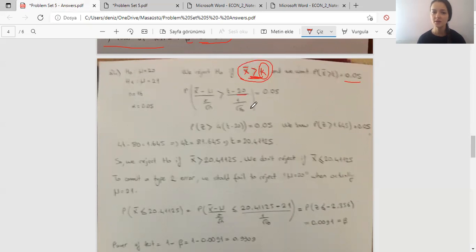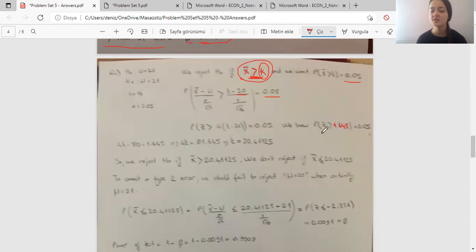So here we can normalize this inequality by subtracting the mean, which we are given in the question as 20, and then divide both sides by the standard deviation of the sample mean, and we can equate this probability to 0.05. When we do that, we can use the fact that the probability of Z greater than 1.645 is 0.05, okay?